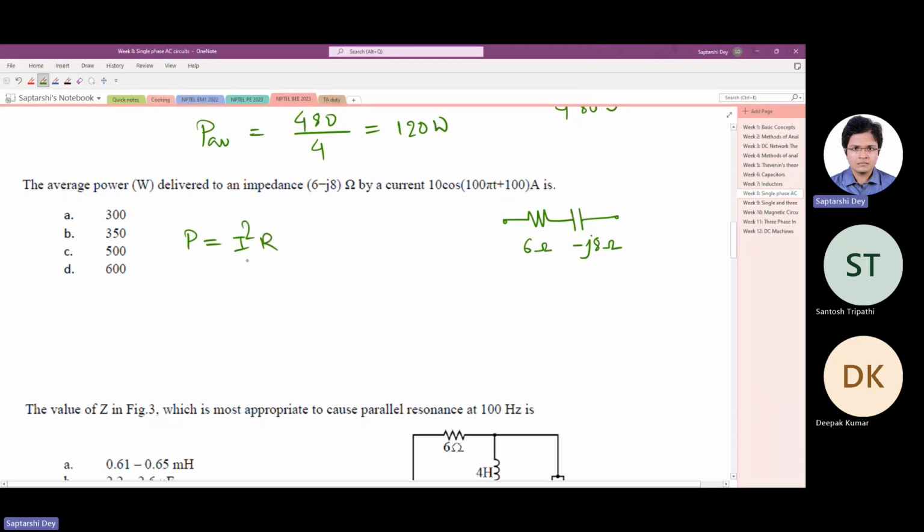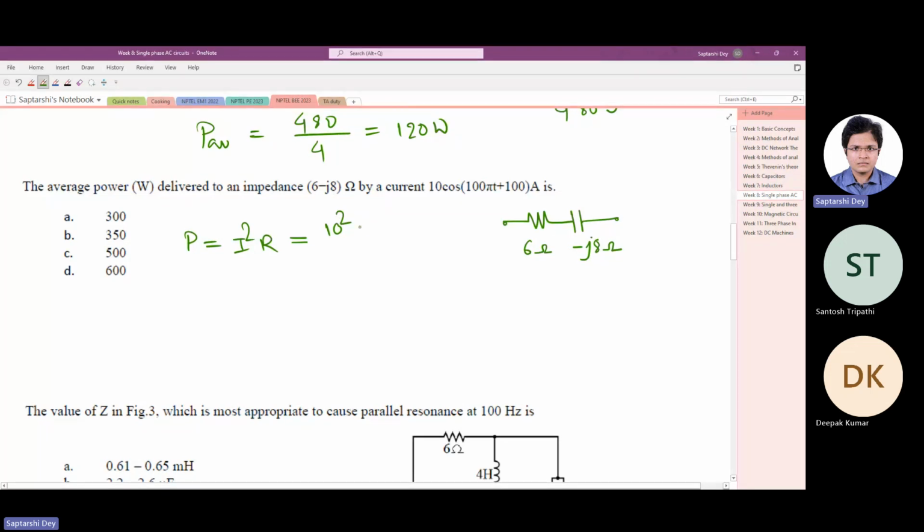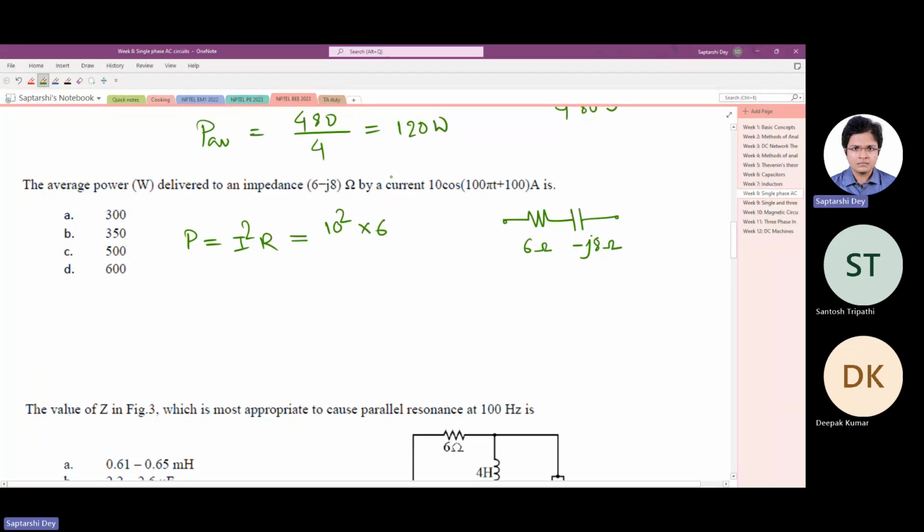And do not make a mistake here. This is I RMS. Many a time in the GATE exam, they do this kind of trickery. They will give you the current like this and simply ask you to find the power. So what many students would mistakenly do, like I did, is simply I squared times R. But this 10 is the amplitude.